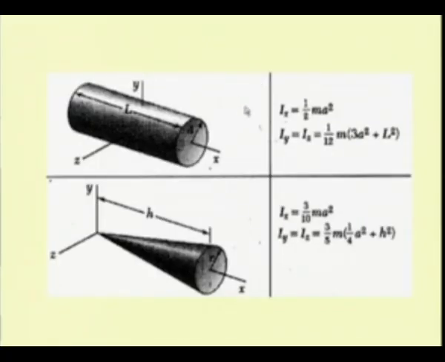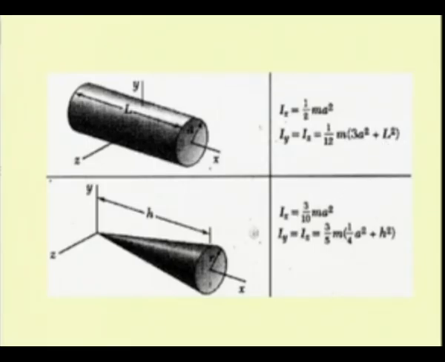For cylinders, we have with respect to the axis of the cylinder, that is Ix, it is 1/2 m a square, where in this case a is the radius of the cylinder and L is the length of the cylinder, and we have the other two second moments, that is Iy and Iz, as 1/12 m (3a square plus L square).